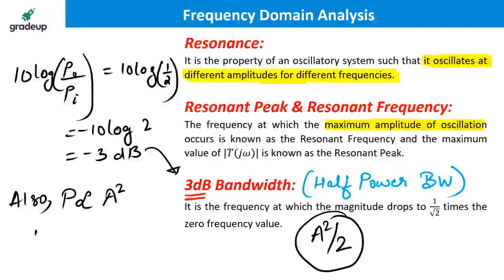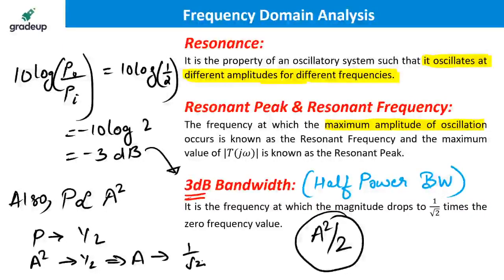So if the power becomes half, that is 1 by 2, then amplitude squared becomes 1 by 2, and that means the amplitude becomes 1 by root 2 times. That is why I have given the definition in the form of amplitude.